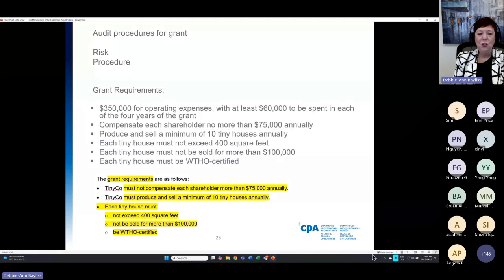So these are grant requirements. They aren't linked to a specific account, so they won't have an assertion. All I really need to use for my format is risk and procedure. And the risk is that this grant requirement is not met.